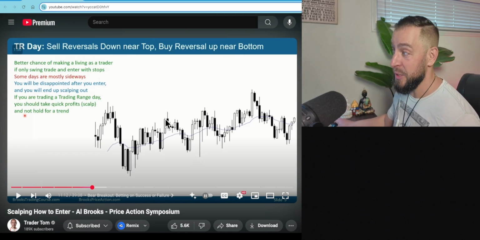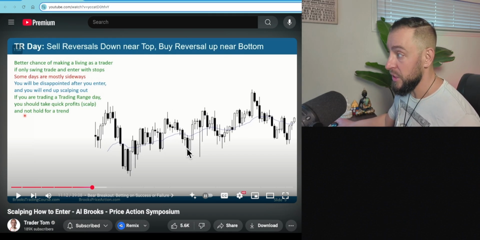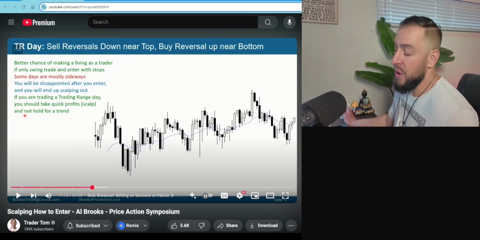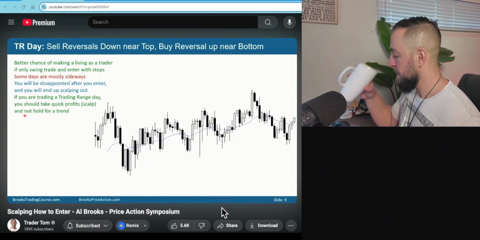So instead of expecting a trend, expect a breakout to fail and then reverse and get sucked back down into this trading range. That's a much more effective strategy when the price action looks like this, and there are way more opportunities for that. So if you are sitting there frustrated, bored, waiting for a trend, this is an alternative. Instead of holding for trends, because most of the trades won't go far enough for you to make a swing profit.